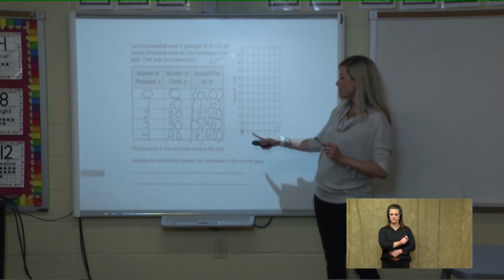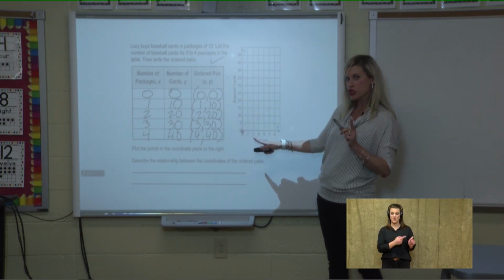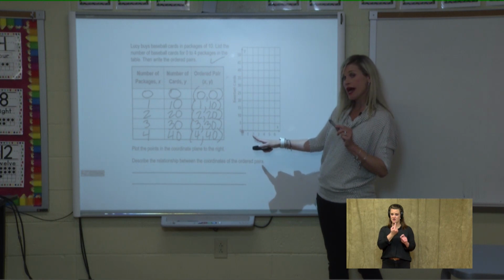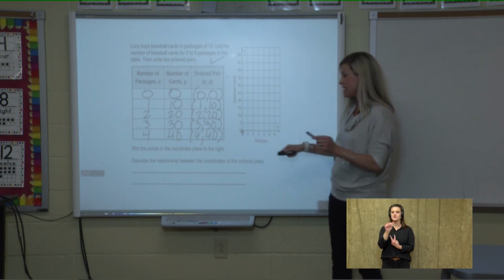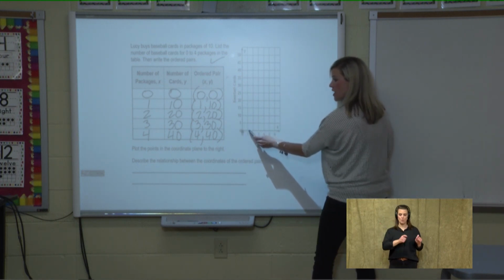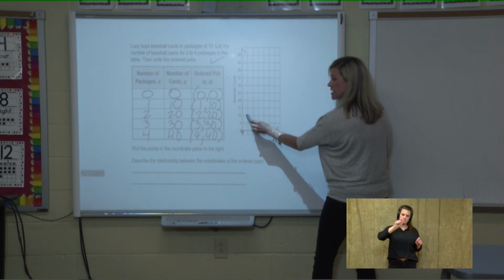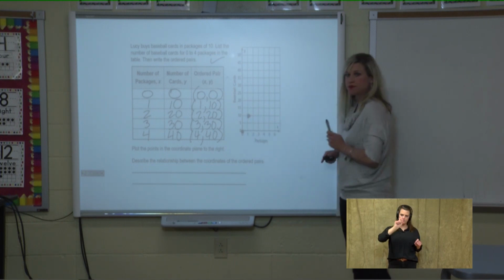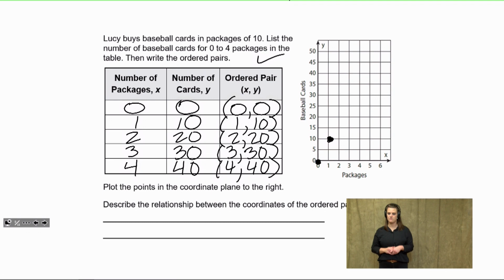All right, now, if I have one package, how many cards do I have? 10, yes. Over 1 up to the 10. There it is. Okay, if I have 2 packages, 20 cards. Over 2 up now to the 20, yes.